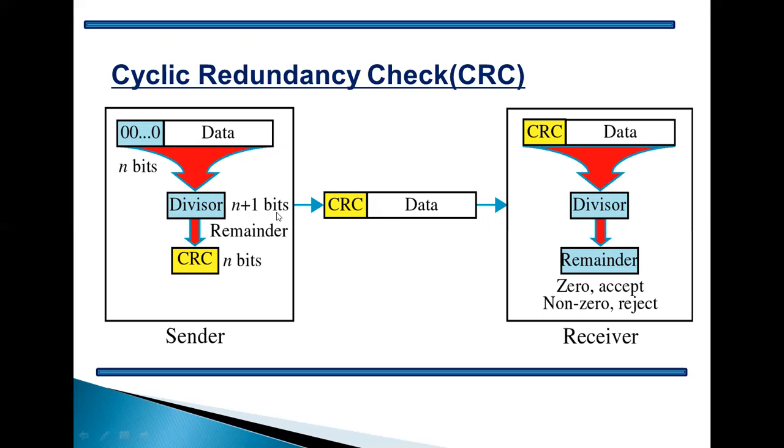The binary division gives the CRC value, and the CRC value plus the data is received by the receiver. Again using binary division with the divisor, finally if the remainder is 0, it is accepted; non-zero, rejected.